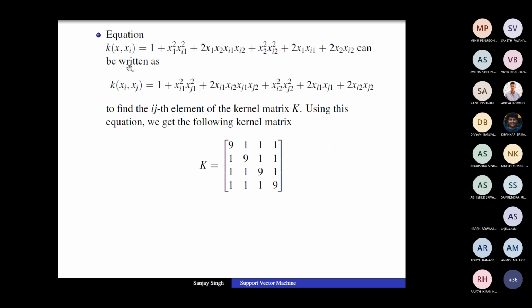We'll see. As I mentioned here, this xi equation is what we started with, which we can write for ease of calculating this kernel matrix, xi xj. Wherever xi is there, it will be represented by two components xi1, xi2. Wherever xj is there, it will be represented by two components xj1, xj2. So the idea remains the same, and then we have something like this. Now the question is what it is.